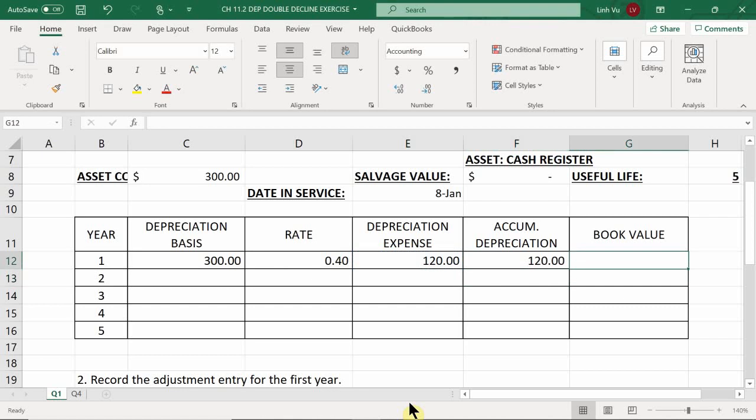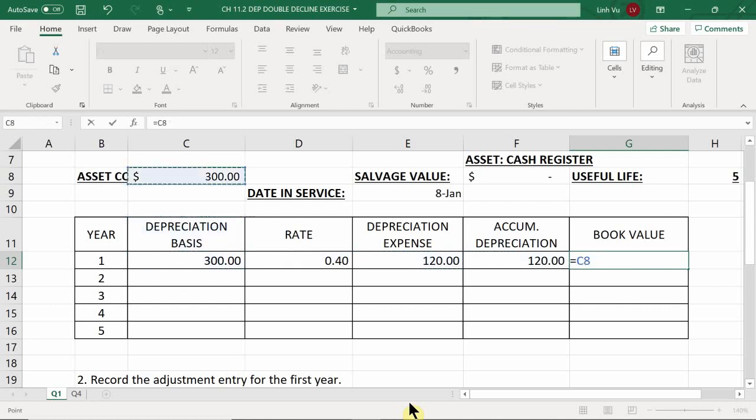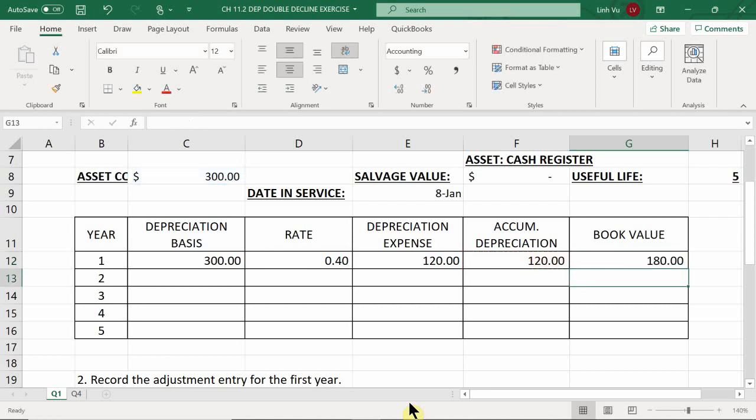So how do I solve for my book value? 180. It's going to be my original asset cost, the same right here, minus my accumulated depreciation, to give me a total of $180.